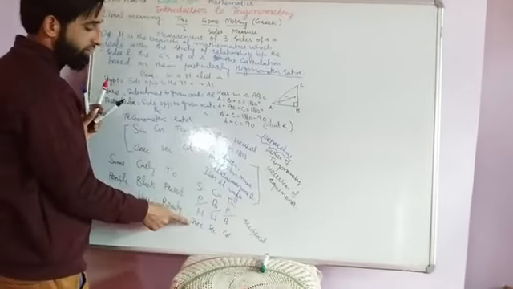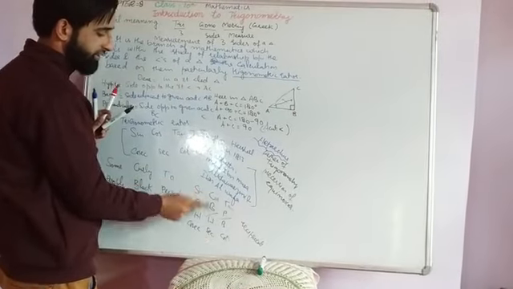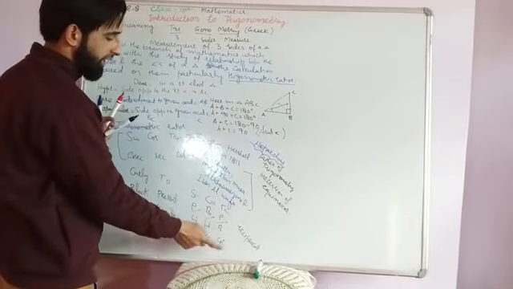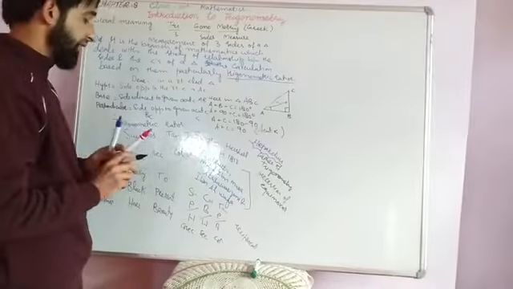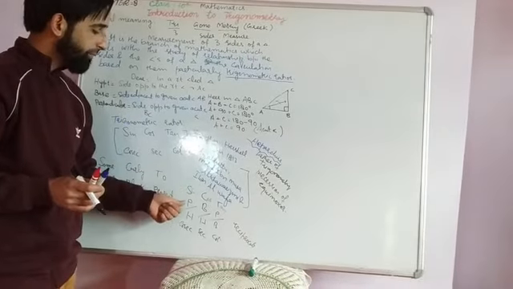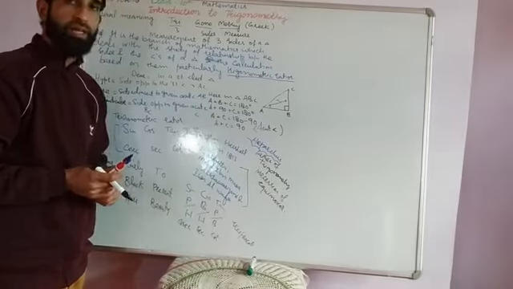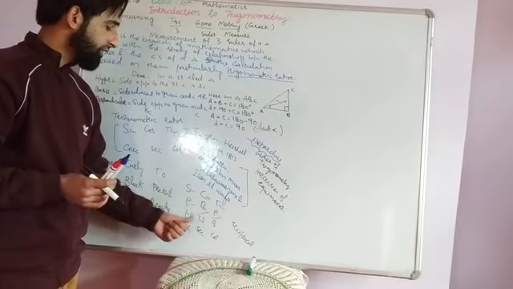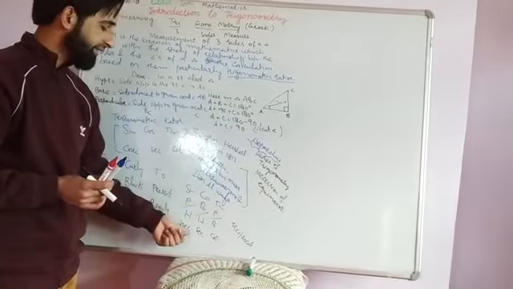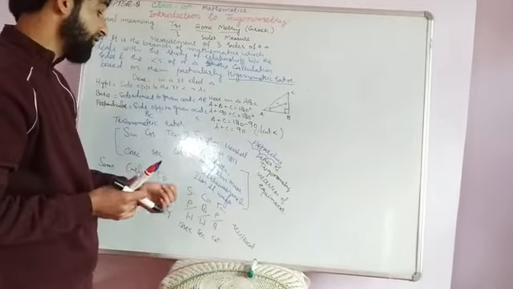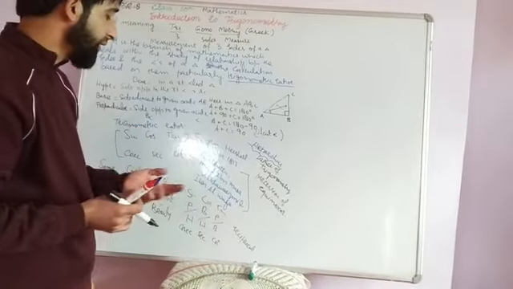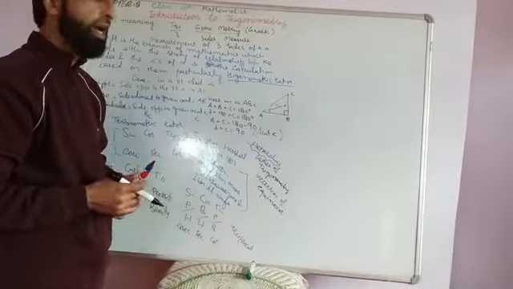That is, cosec is the reciprocal of sine, sec is the reciprocal of cos, and cot is the reciprocal of tan. If sine is equal to perpendicular divided by hypotenuse, then cosec is equal to hypotenuse divided by perpendicular. If cos is equal to base upon hypotenuse, then sec is equal to hypotenuse divided by base. Similarly, if tan is equal to perpendicular divided by base, then cot is equal to base upon perpendicular.